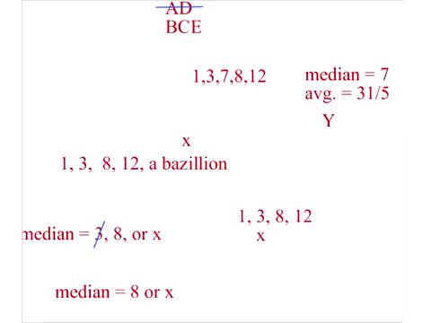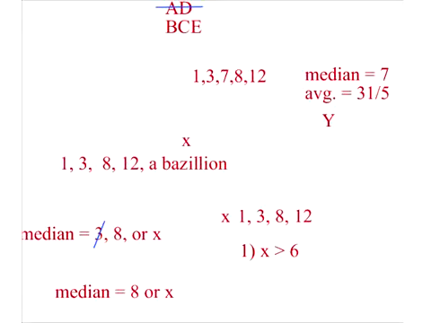So we had 1, 3, 8, and 12 and x originally. And the reason we thought that x could be the median is because we were thinking, well, what if x was the first value in the set, or even in between 1 and 3? If x is less than 3, that makes 3 the middle number. But statement 1 told us that x was greater than 6.